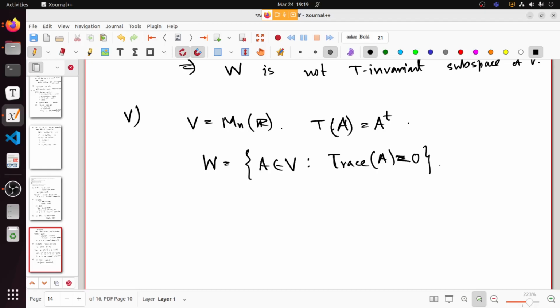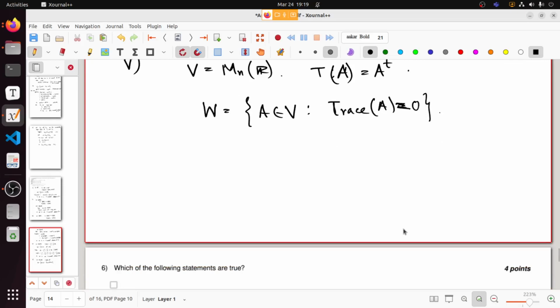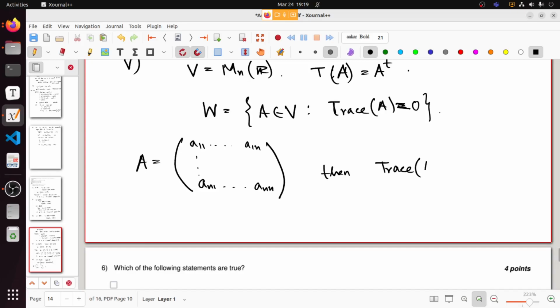So if you just write down a general matrix A in terms of a_ij, an n cross n matrix with entries a11 dot dot dot a1n down to an1 dot dot dot ann, then the trace of A will be the sum of a_ii, all these being the diagonal entries, i equals 1 to n.